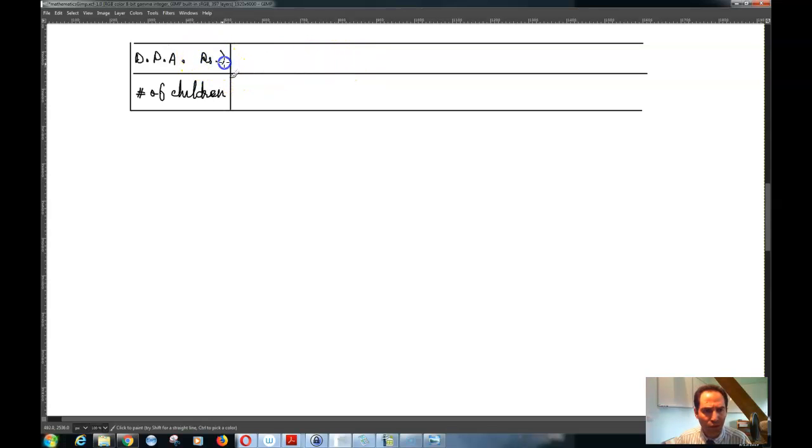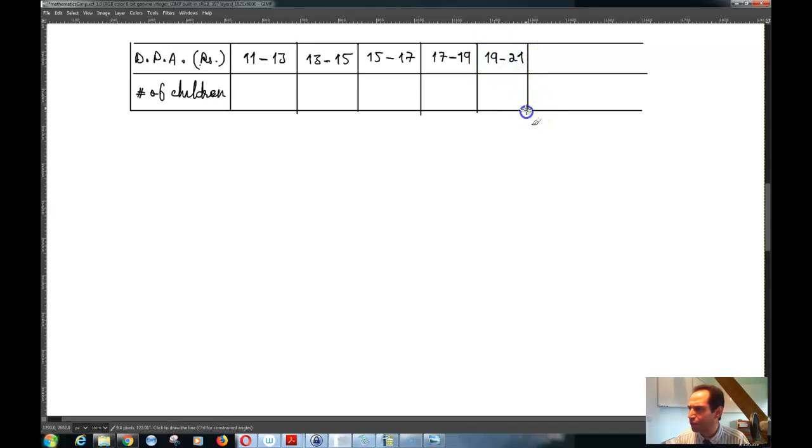So you have 11 to 13, 13 to 15, 15 to 17, 17 to 19, 19 to 21, 21 to 23, and 23 to 25.